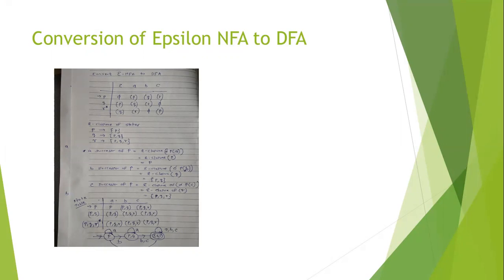So if we are getting the value as P comma Q comma R itself, we need to find the second value, P comma Q comma R with B.